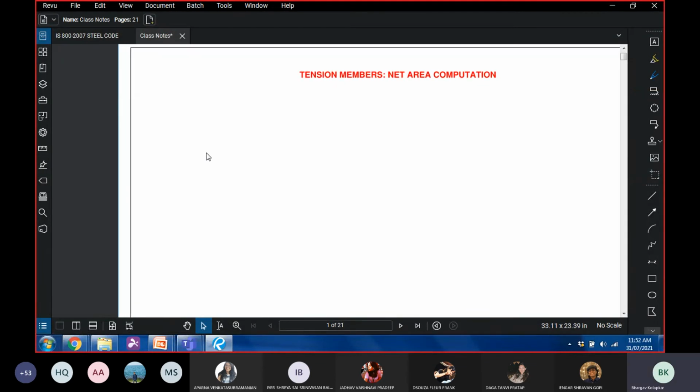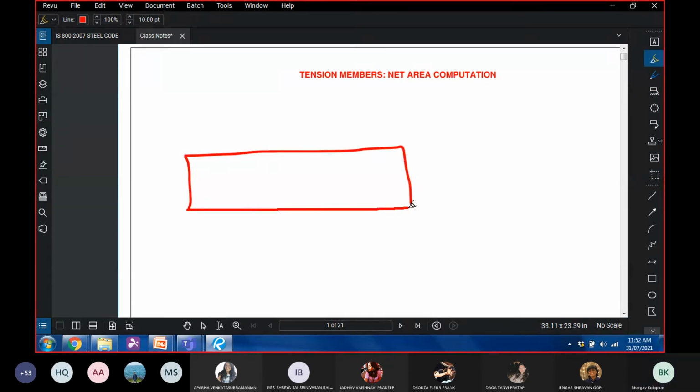So if I draw an elevation of a beam, these are the supports. This is the loading.